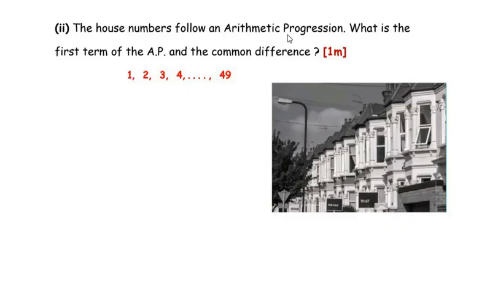We call it an arithmetic progression because we can see that the difference between the terms is the same. That is, 2 minus 1 gives us 1, 3 minus 2 gives us 1, 4 minus 3 gives us 1 and so on. So the common difference is going to be 1 and the first term of the sequence is going to be 1. So here we have considered the first term as a equal to 1 and the common difference as d equal to 1. So this is our answer.